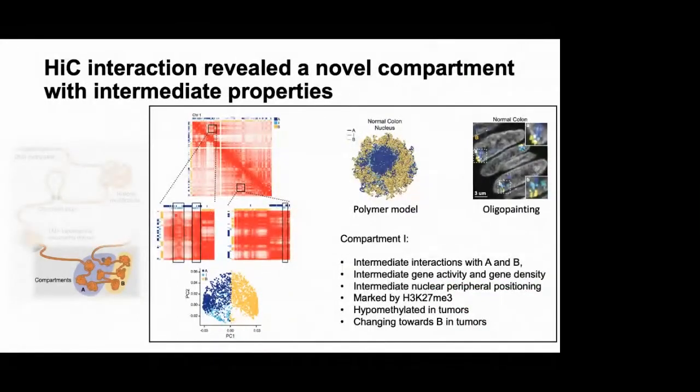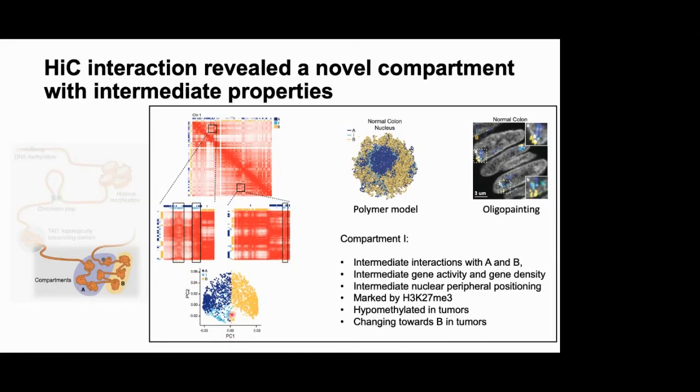And we saw that these hypomethylated A blocks had very particular interaction patterns. While B chromatin tended to interact with other B chromatin, the yellow marks here, and A chromatin tended to interact with other A regions, these hypomethylated A regions tended to have intermediate interaction patterns between A and B, as shown in these three examples.